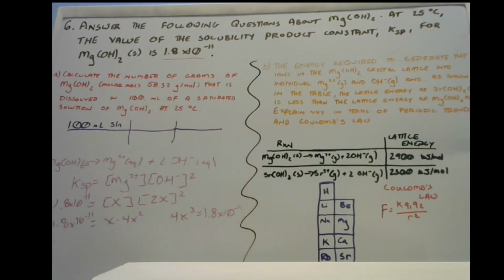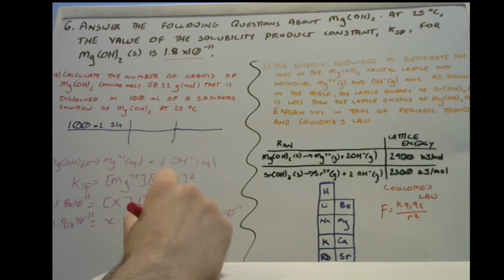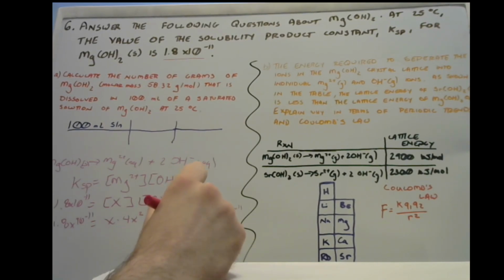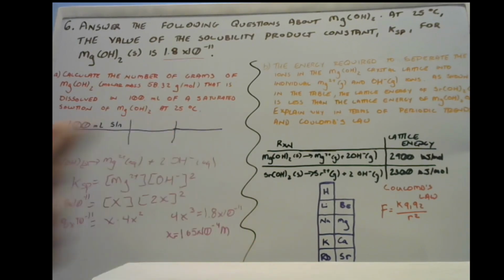Divide the 4 to the other side, then take the cube root, and you'll get x equals 1.65 times 10 to the negative 4th molar. In other words, that is how much magnesium ion you have, which is also the same amount as the concentration of the magnesium hydroxide.